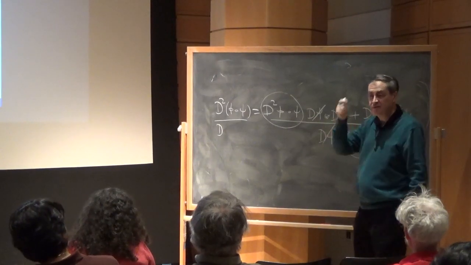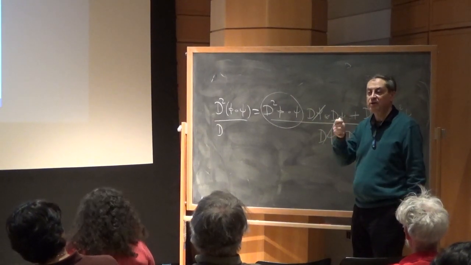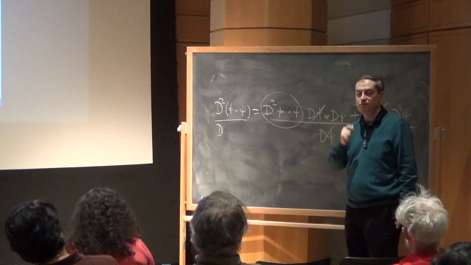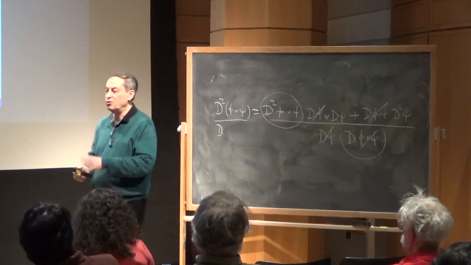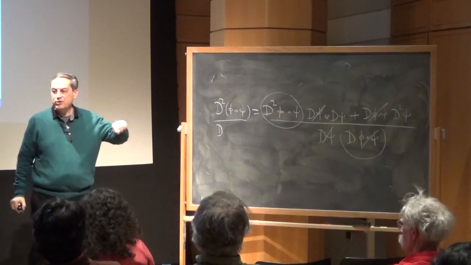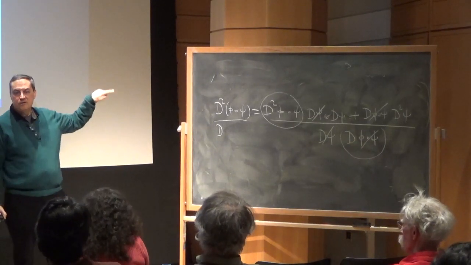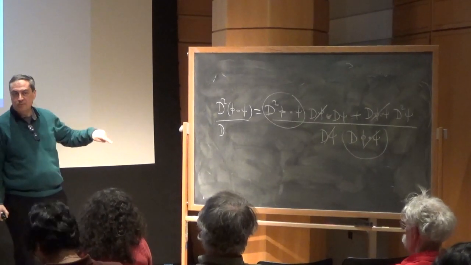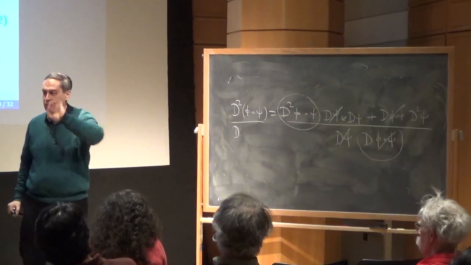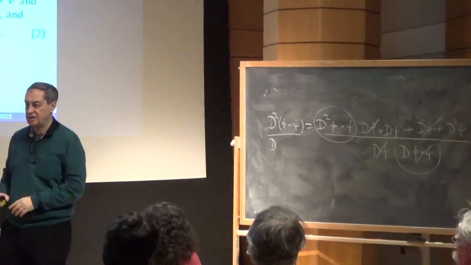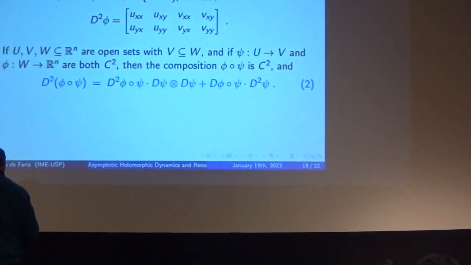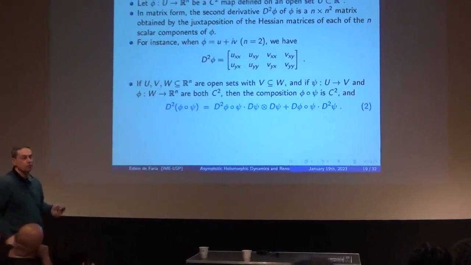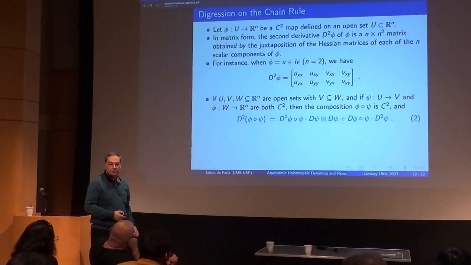And what you get is precisely the formula for how the nonlinearity of a composition goes. The nonlinearity of a composition is going to be the nonlinearity of the first map transported as a one form by the second map, plus the nonlinearity of the second map. Okay, so it's precisely the formula for the nonlinearity. So it's not surprising that this formula gives you what you need to get the C2 bounds.